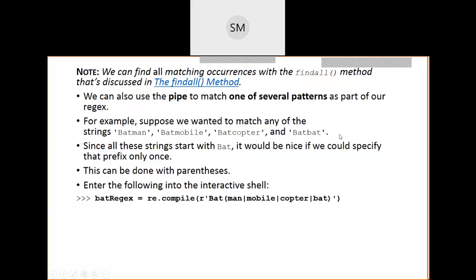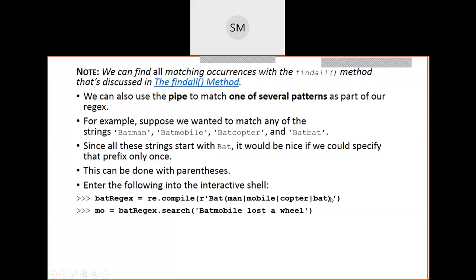Now mo equals batRegex.search('Batmobile lost a wheel'). This is our actual input string, which I want to search in a text or a text file. We have to check whether Batmobile matches this regular expression pattern or not.